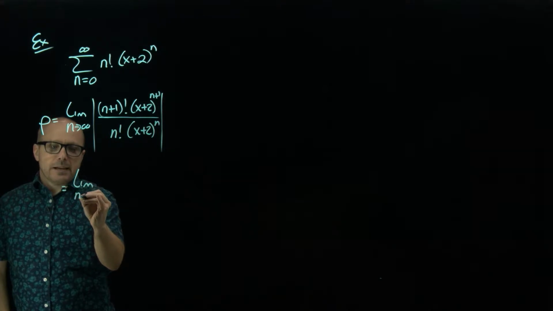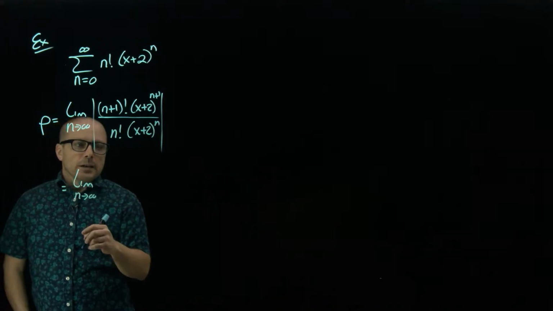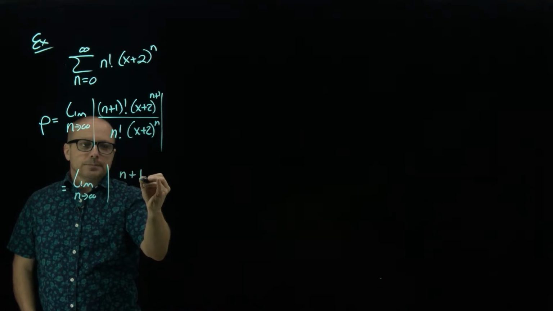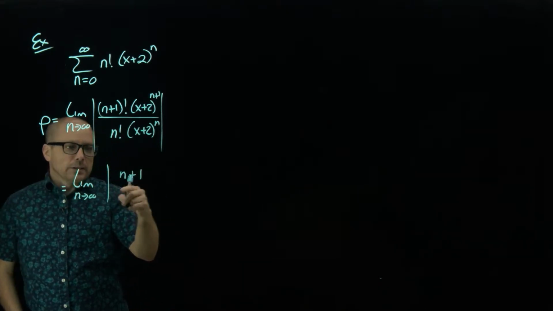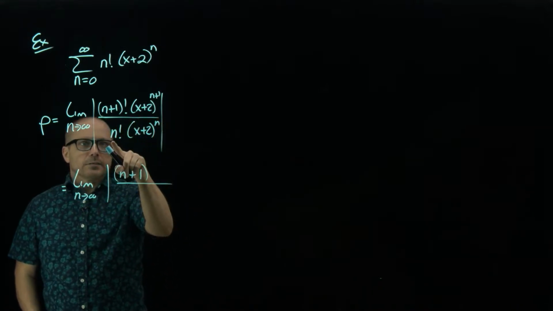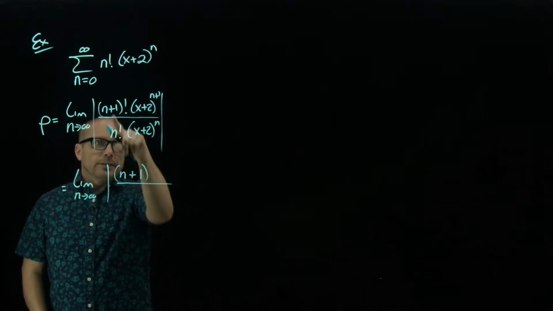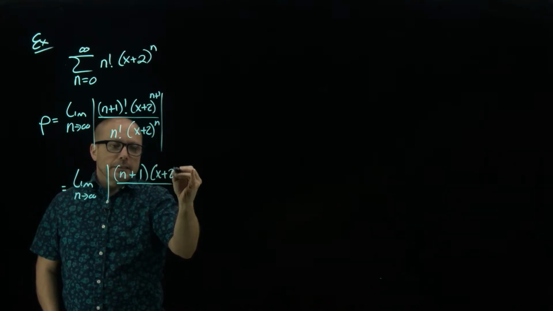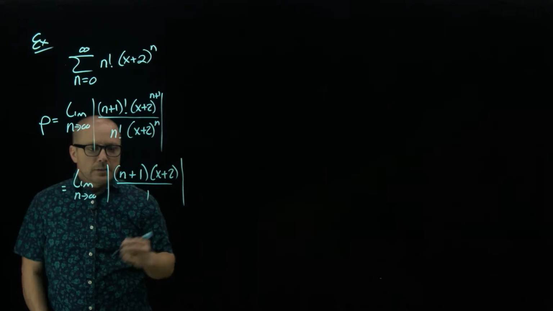That simplifies down nicely. Everything's going to cancel off, right? The n factorial is gone, leaving the n plus 1 here. I guess I didn't really even need to write a fraction.